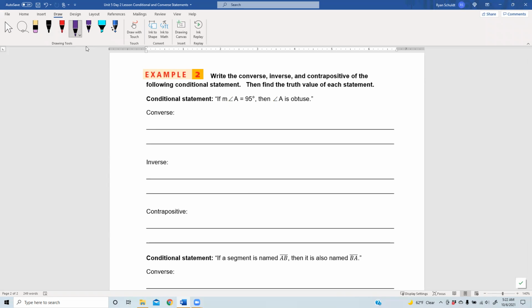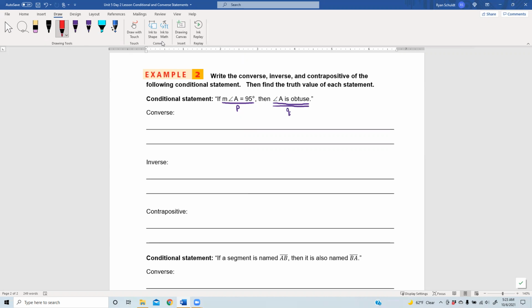So find your P and find your Q. Well, the P, the hypothesis, is what follows the if. So the measure of angle A equals 95 degrees. That's our hypothesis. The conclusion usually follows the word then, but not all the time. In this case, it does. Angle A is obtuse. That's our conclusion.